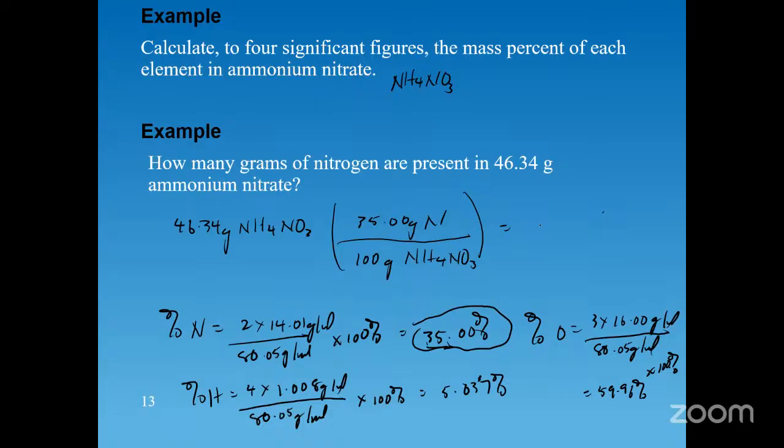According to my calculation, this works out to be equal to 16.22 grams of nitrogen. And that's how that is done. Okay, any questions about that one? Any questions?